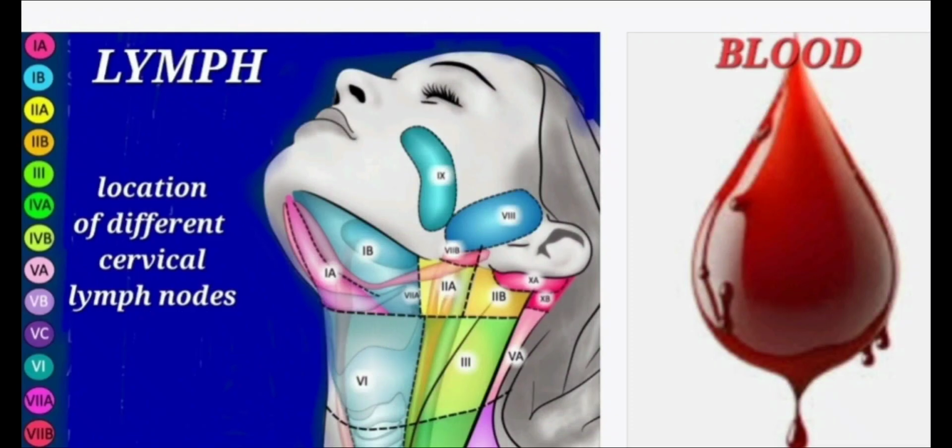The cellular parts include RBC, that is the red blood cells, or the erythrocytes. It also includes WBC or white blood cells, which are also known as leukocytes. Blood also comes in the form of platelets or thrombocytes.